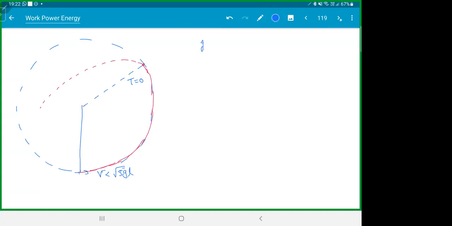So if I turn the page, if u is less than root 5gL, again remember this is a string. The string becomes slack somewhere in the upper hemisphere and it goes like a projectile.